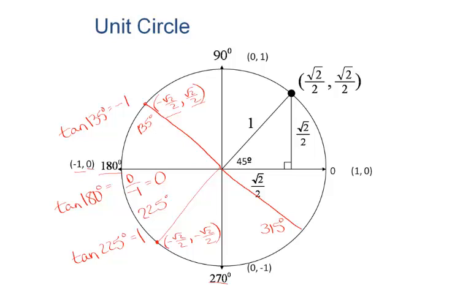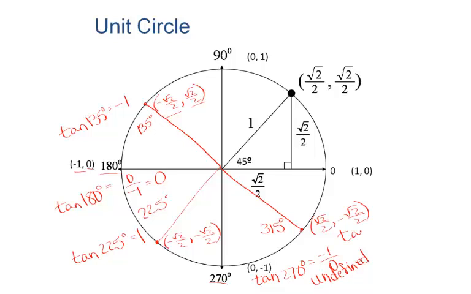For 270, the tangent of 270 degrees is the sine value at 270 over the cosine value. Again, that's why the tangent of 270 degrees is undefined. The coordinates to this point were positive root 2 over 2 and negative root 2 over 2.